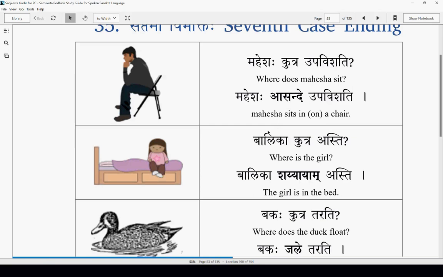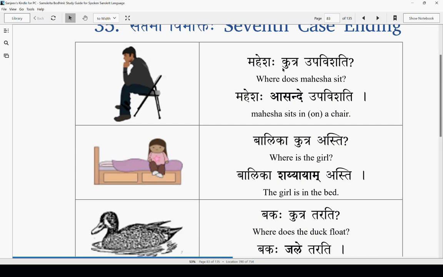For different vibhaktis, we have different question words. Like Prathama we have Kaha, Dvitiya Kam, in the Pullinga we are talking about. And Tritiya we have Kena.